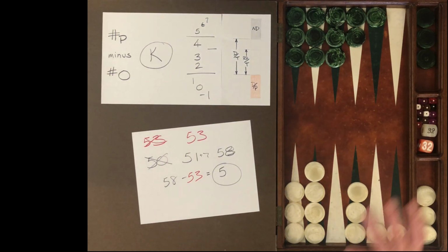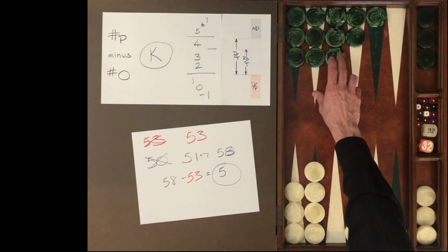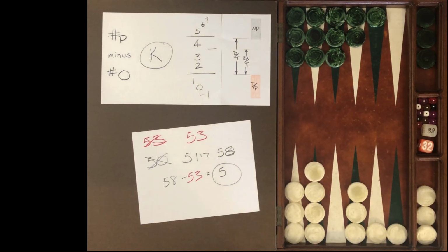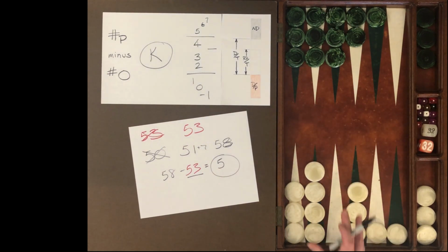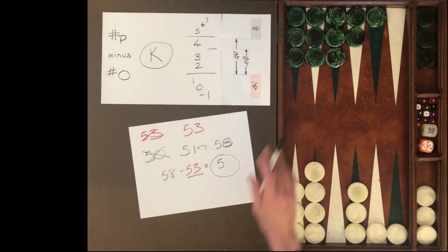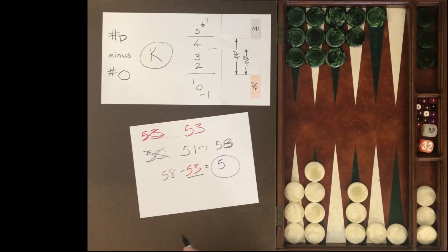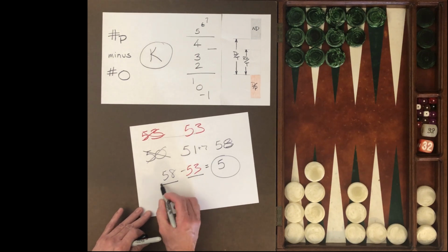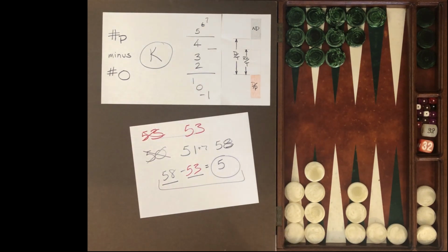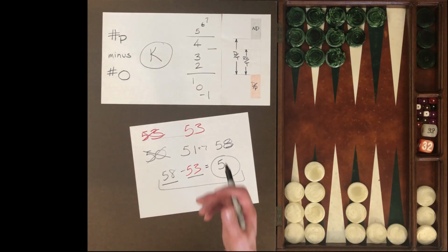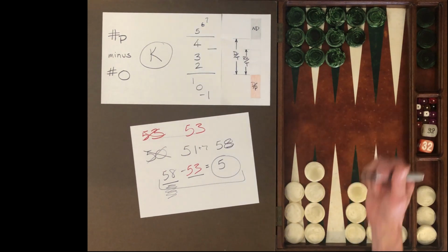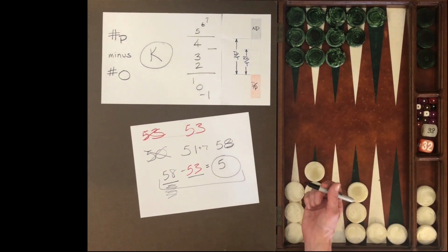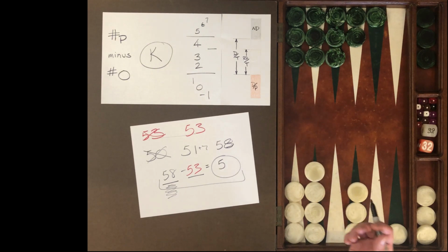And let me explain why, this is a subtlety, why I choose always to do the opponent, the person not on roll, first. When I get this number first, I come back and I do this. Now the opponent's number is the easiest to do because there's only one adjustment. When I do part 2, I have this number. Well, this very simple math formula reads like a sentence. 58 minus 53 equals 5. The start of that sentence is 58. So when I finish with the person on roll and I get that number, I'm already there.